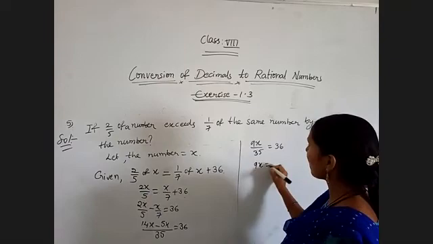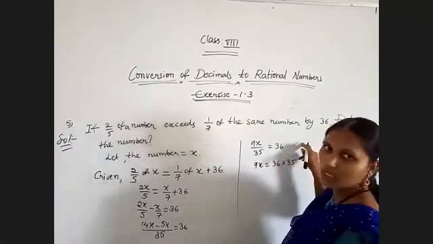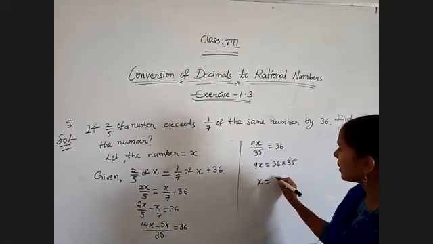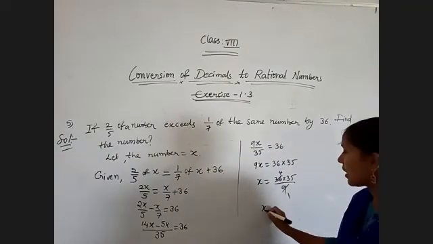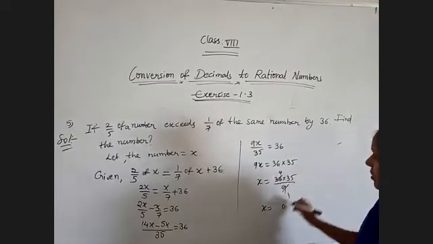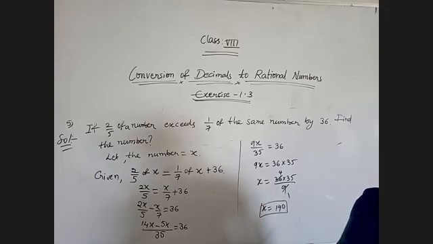So 9x is equal to 36 into 35, because we are bringing the division over as multiplication. Now x is equal to 36 into 35 divided by 9, which is 4 into 35. 4 5s are 20, 4 3s are 12 plus 2 is 14, so 140. So x is equal to 140.